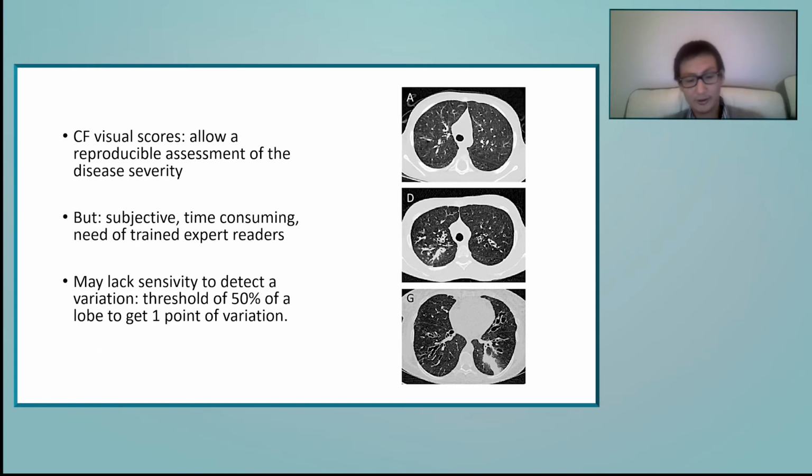For instance, we have unpublished data with Lausanne, between Catherine Begelman and me, to assess the presence of bronchiectasis: we measured an inter-observer variability of kappa equals 0. And I'm not kidding. We measured a kappa of 0 to assess the dilatation of bronchi visually.